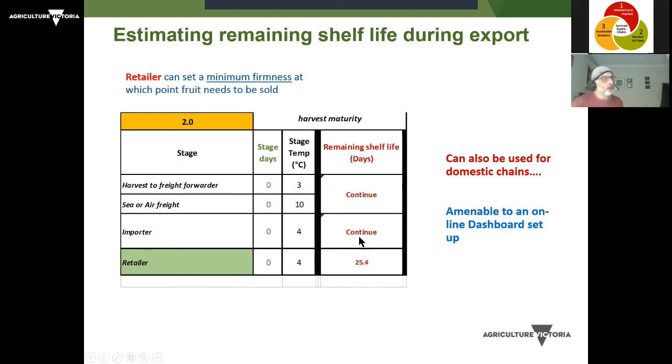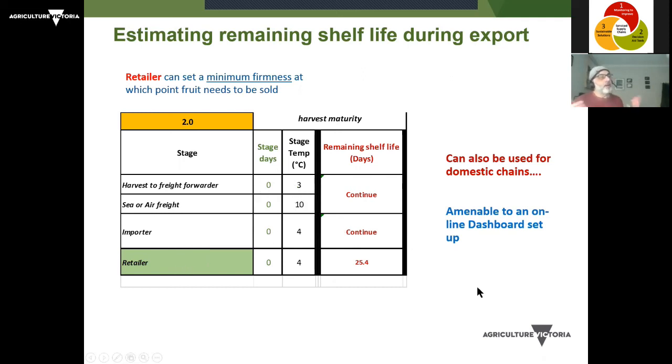So, obviously in this case, I haven't put anything in, but it will tell you, yes, you can continue, you haven't reached the minimum. And then at some point it tells the retailer how long they've got to sell the fruit based on what's happened prior.